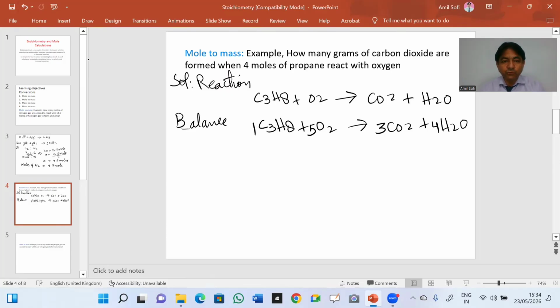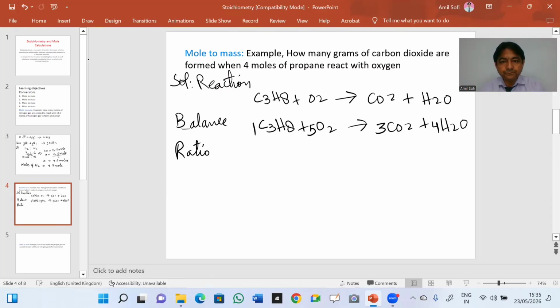What is the next step? We will now take the ratio of those substances we want to compare. Here, for carbon dioxide, we have to find how much is formed. And what is given? Given is 4 moles of propane.